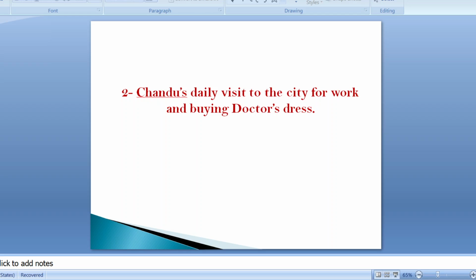And it was unbearable to the upper caste Zamindar. The Zamindar was very angry because Chandu belonged to the lower caste, the caste of hair cutting people, and he couldn't tolerate that a lower caste boy should wear a dress like the doctor. So he was very angry.